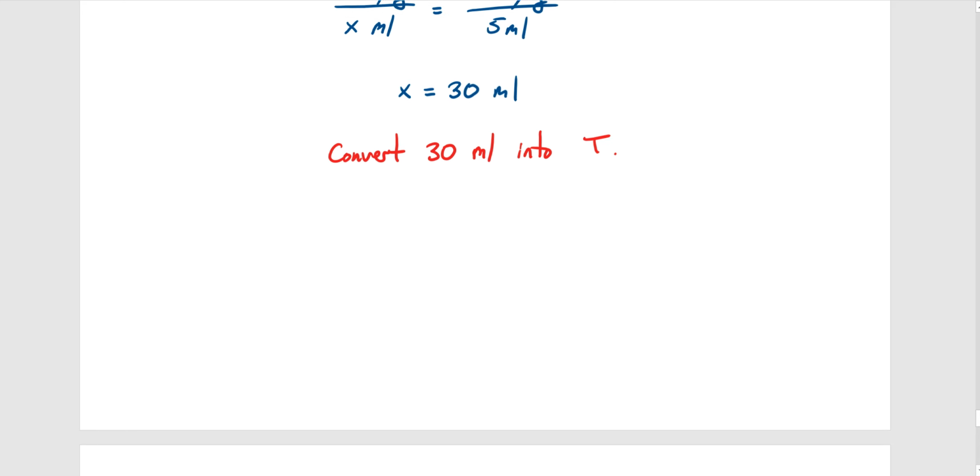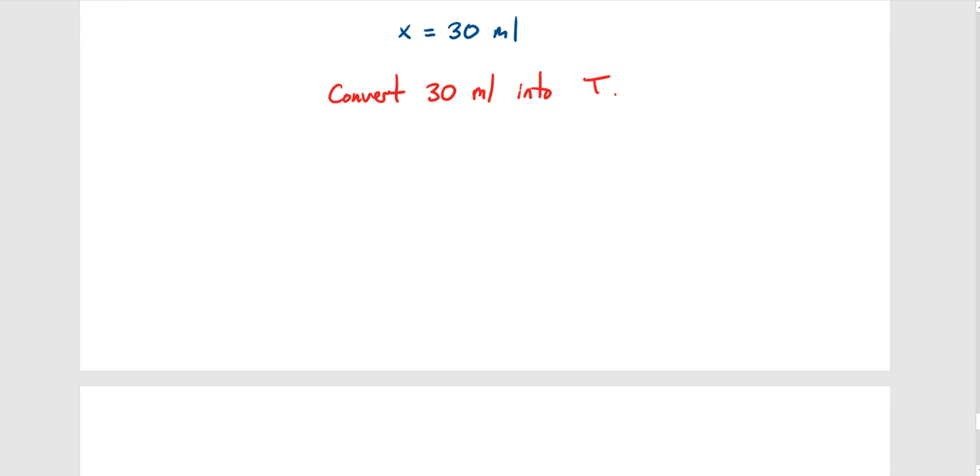So you can use a proportion, obviously, or you can use dimensional analysis. I'm just going to use dimensional analysis and say we have 30 milliliters. We're going to multiply that by the conversion, which is given to us in the problem, which is 1 tablespoon for 15 milliliters.